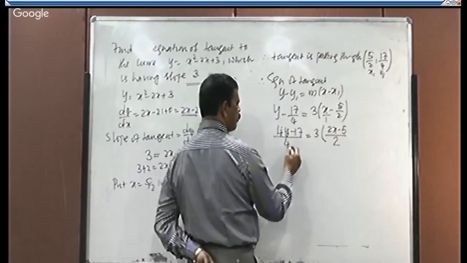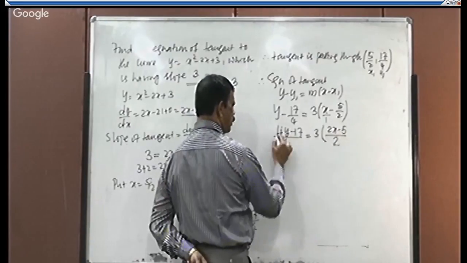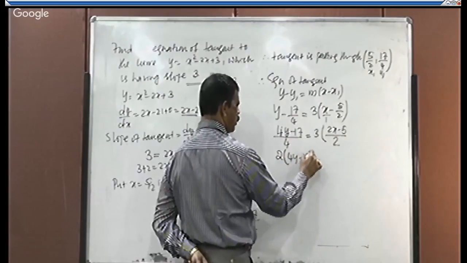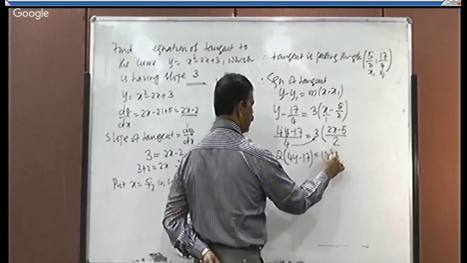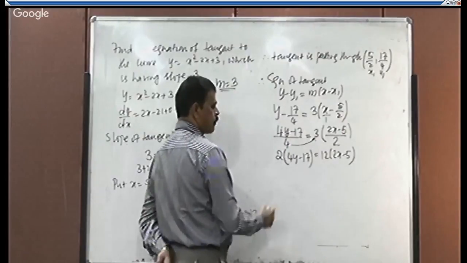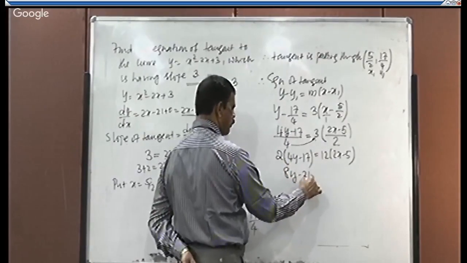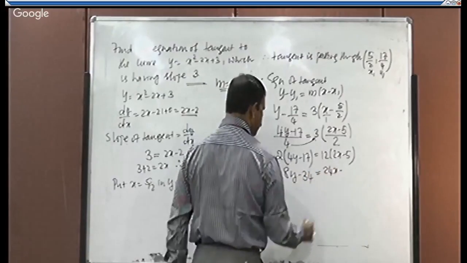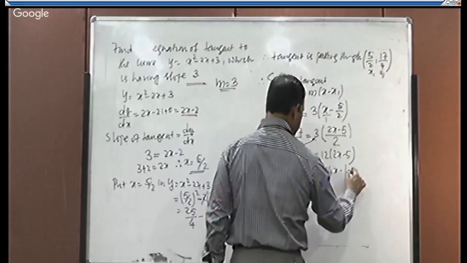Now cross multiply it. 2 into 4y minus 17 is equal to 4 into 3, 12 into 2x minus 5. 4 into 2, 8y minus 34 is equal to 12 into 2, 24x minus 12 into 5, 60.